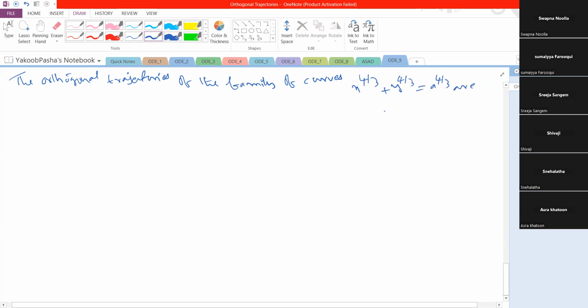First option, x power 2 by 3 minus y power 2 by 3 is equal to k power 2 by 3.